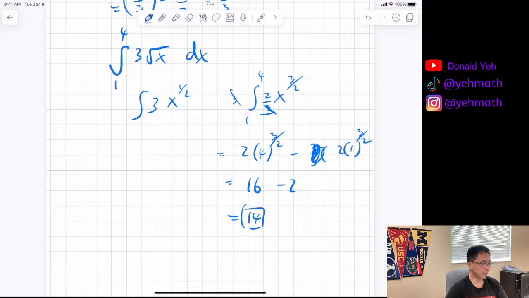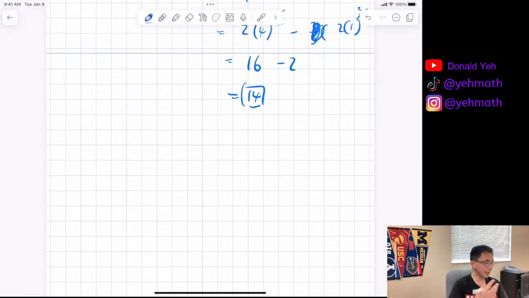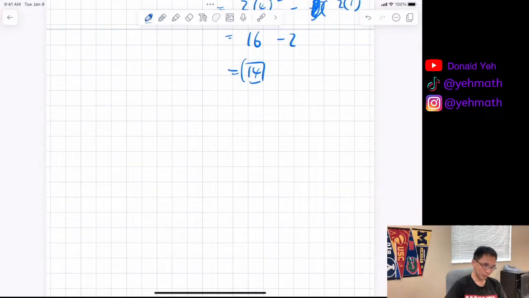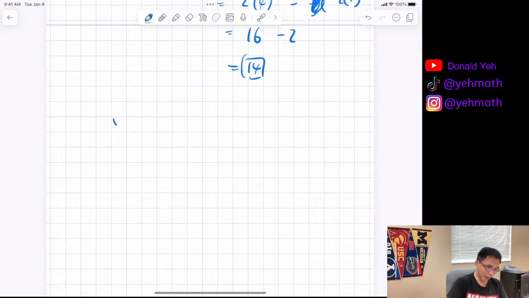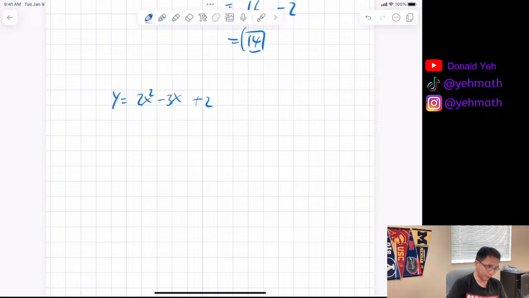And that'll be the answer. Now, can it be a trig function? Yes, they can be trig functions. You can also find the area under the curve. What if I have this function, y equals 2x squared minus 3x plus 2, and I have the x-axis, and vertical lines x equals 2 and x equals 0.